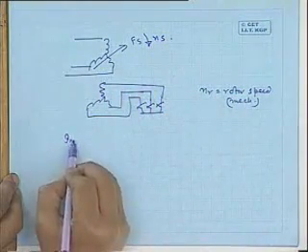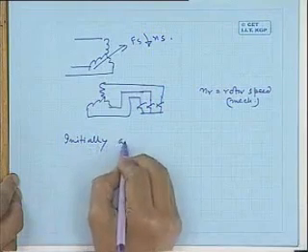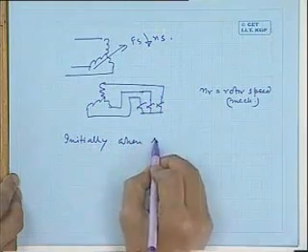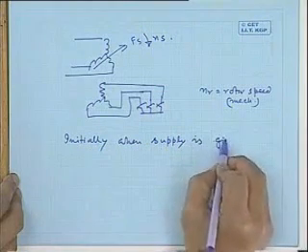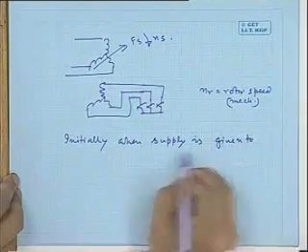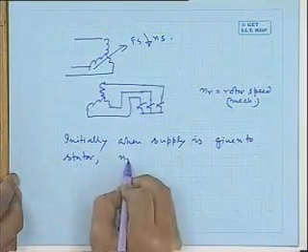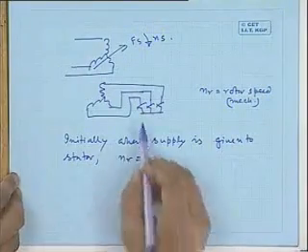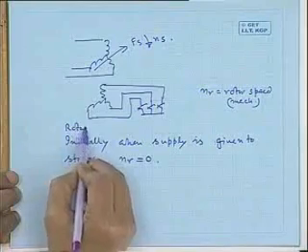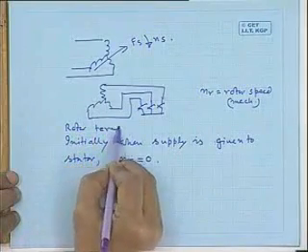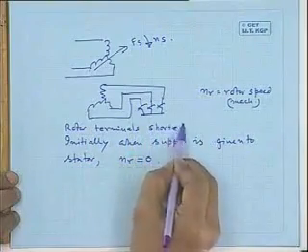The stator produces field Fs, moving in this direction, Ns. So initially, when supply is given to the stator, NR was 0, and the rotor terminals are kept shorted.